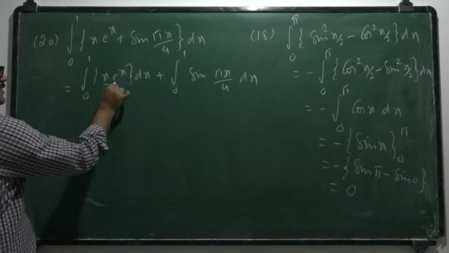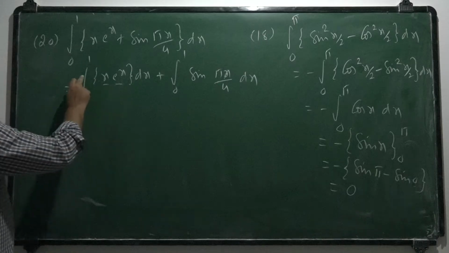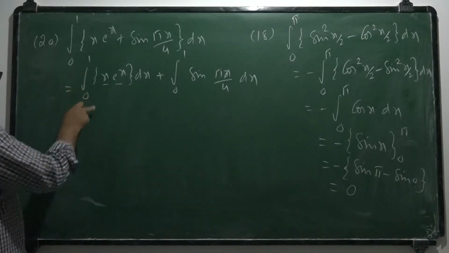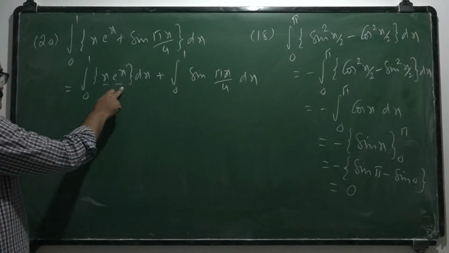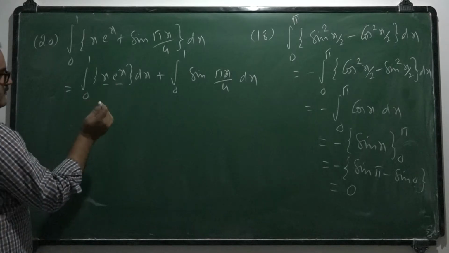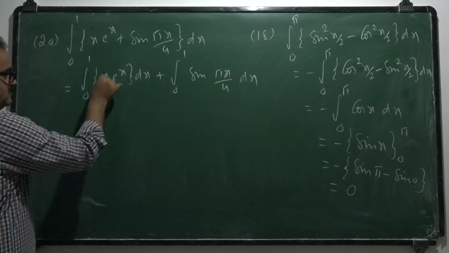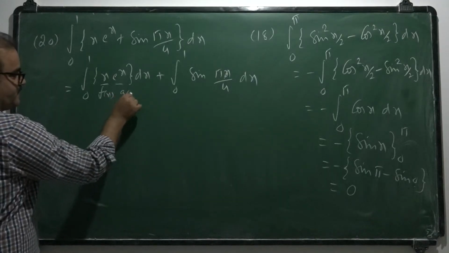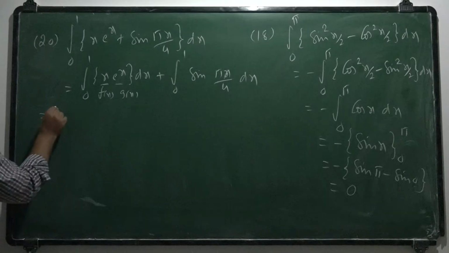Now it is the product of two functions, x and e power x. How to integrate? By using integration by parts. We know the integral of f of x into g of x is first function into integral of second function. What is the first function? x. What is the second function? e power x. Apply integration by parts.